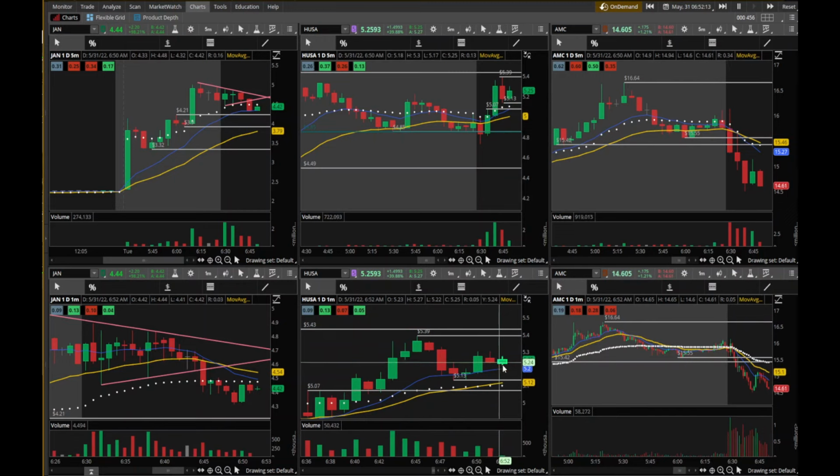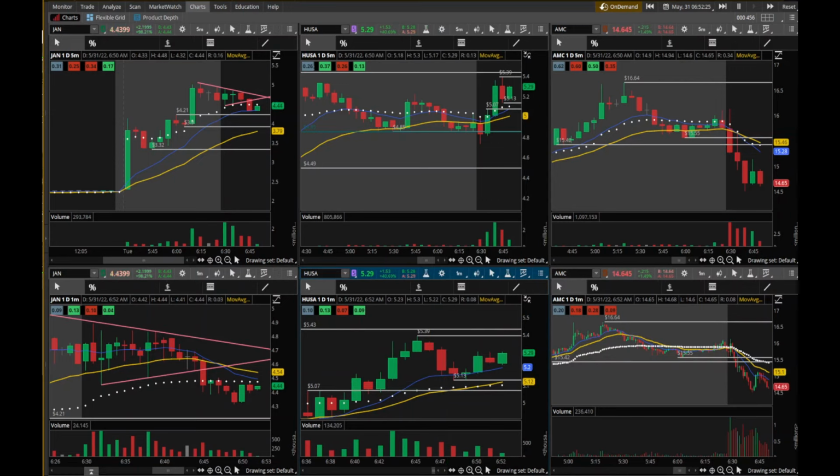Now that is a little miniature pullback. I would like to see it come back a little more if I'm going to get in. Or I could buy the breakout. There's the breakout.